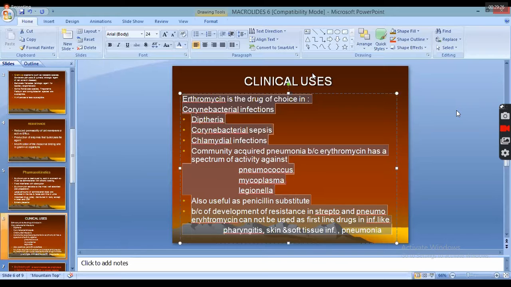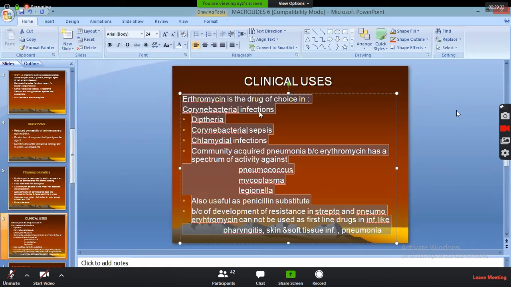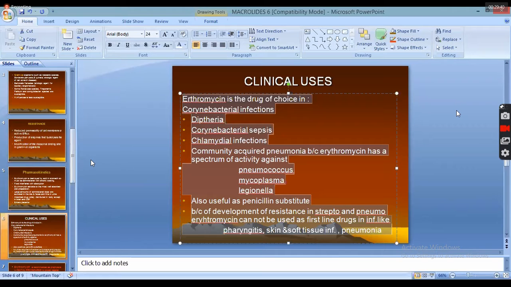Erythromycin also has a spectrum of activity against pneumococcus, mycoplasma, and legionella. All these causative organisms cause community acquired pneumonia. If someone asks you the short form, CAP is community acquired pneumonia, and HAP is hospital acquired pneumonia.